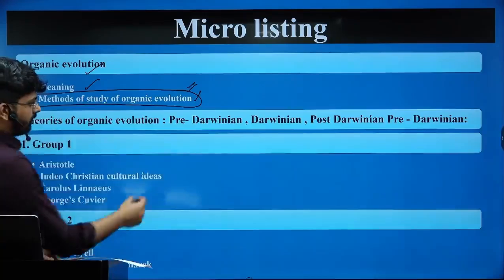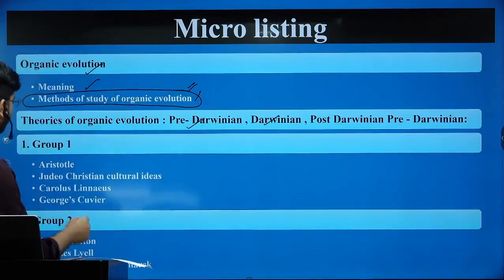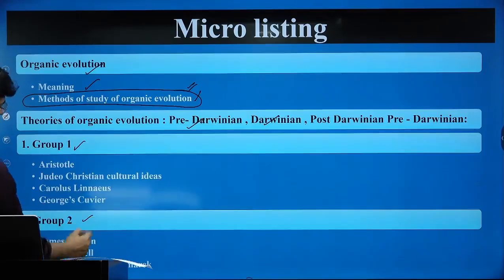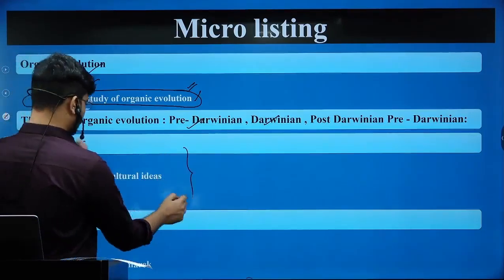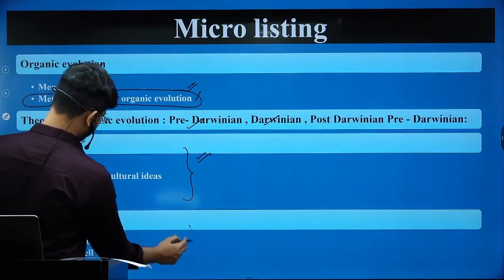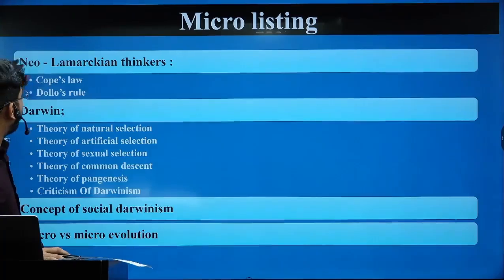There are pre-Darwinian, Darwinian and post-Darwinian. Under pre-Darwinian you have group 1 and group 2. Group 1 generally belongs to the classical theories, which are not based on science, and group 2 is based on scientific methods, and next you have Lamarckism.